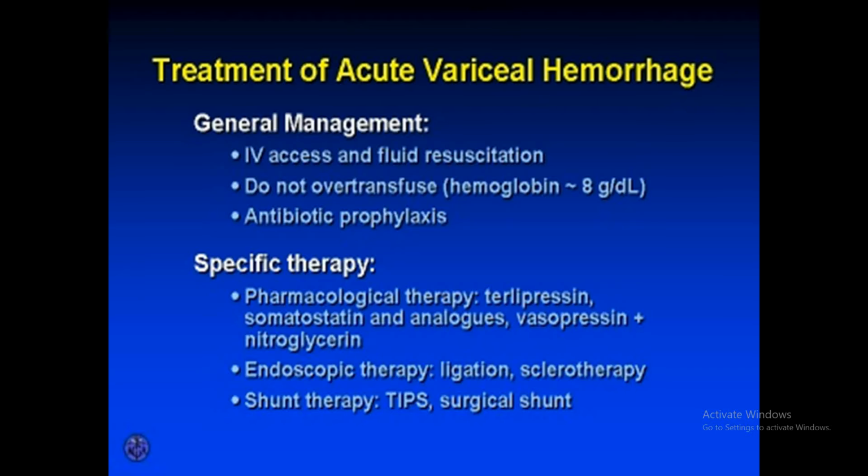Now, if it fails or the TIPS are not possible, then you go for the surgery that is called the anastomosis between the portal circulation and the systemic circulation. So the pressure of the portal vein is shifted to the systemic side. It will increase definitely the pressure inside the systemic circulation rather than in portal vein.